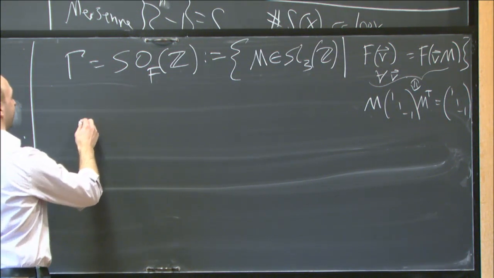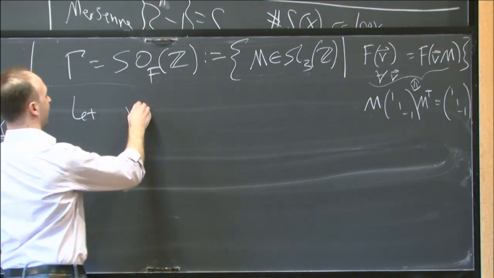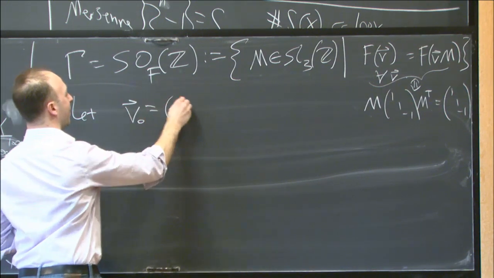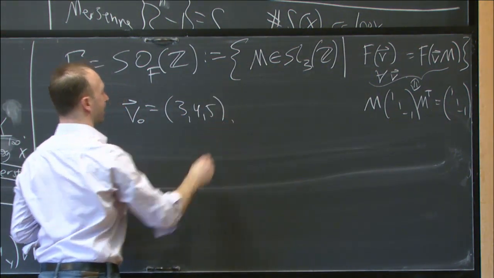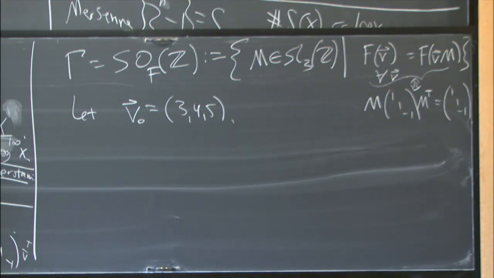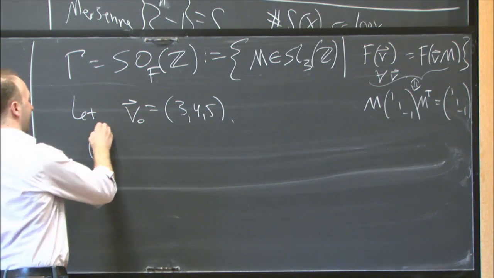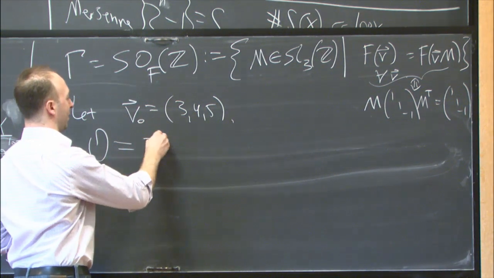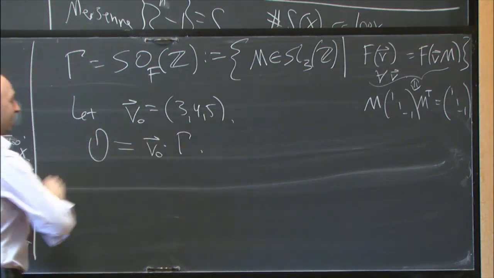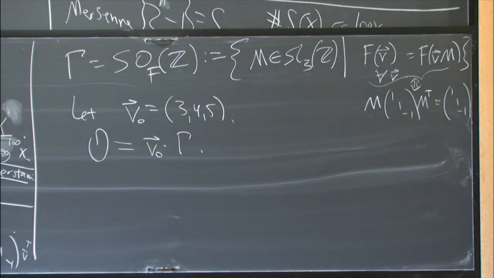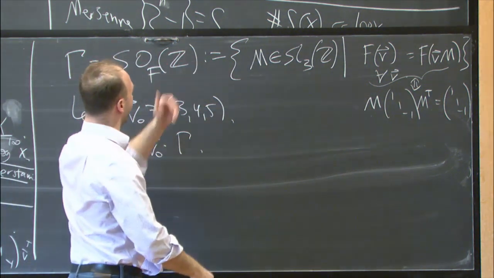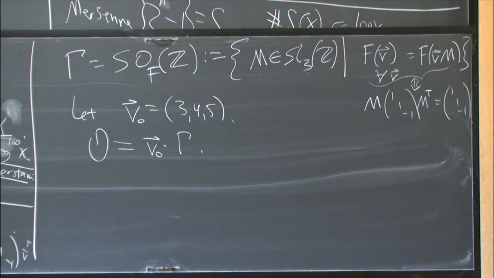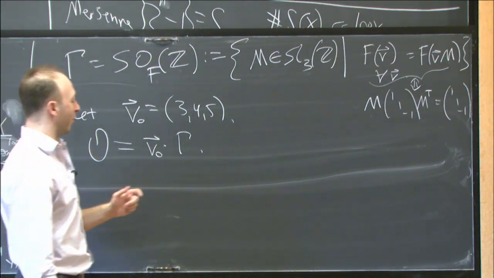And you can take some function. So let's take an orbit. Here's my favorite Pythagorean triple, maybe yours too, and take the orbit of v naught under gamma. Actually, because gamma is the full SOF, depending on how you define it, there's one orbit, or at least a finite number of orbits.